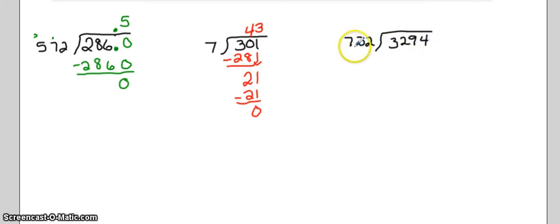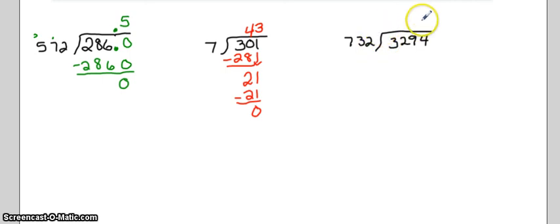So I know through estimation that 700 times 4 would be about 2,800. Sorry, it wouldn't be close to it. It would be 2,800. So that 732 would be above 2,800.